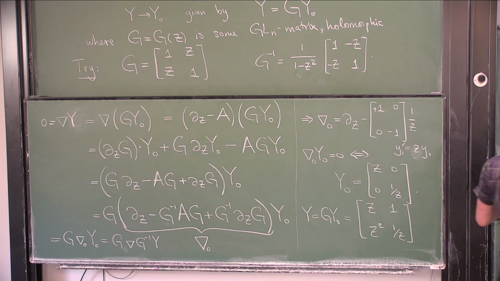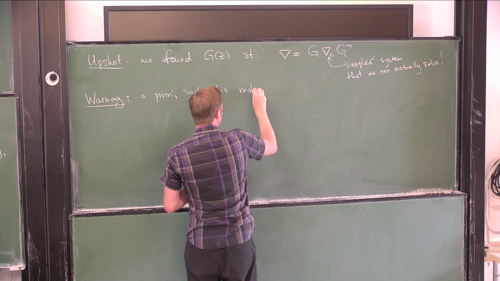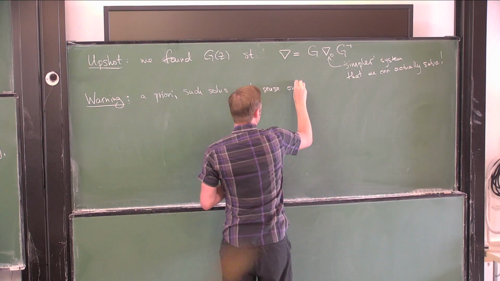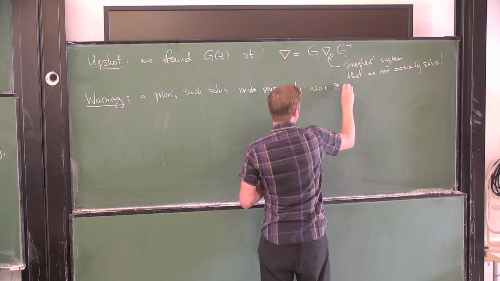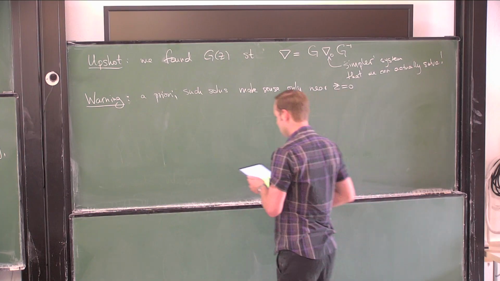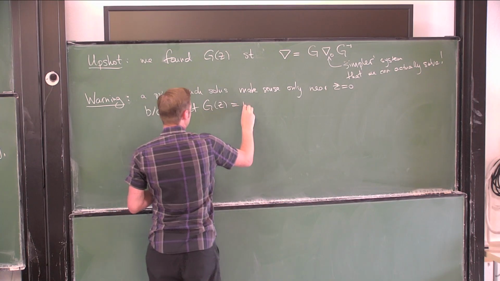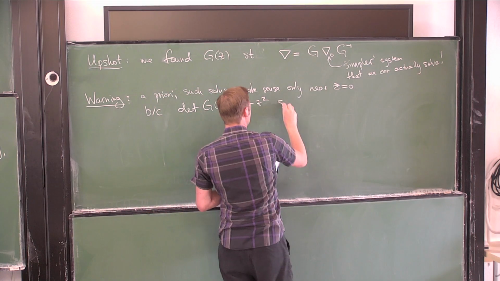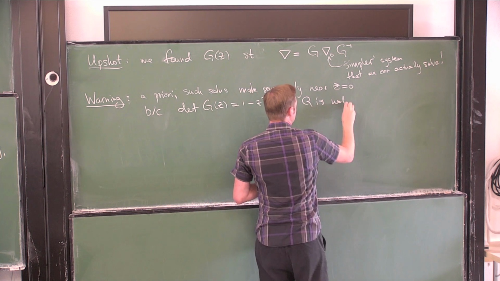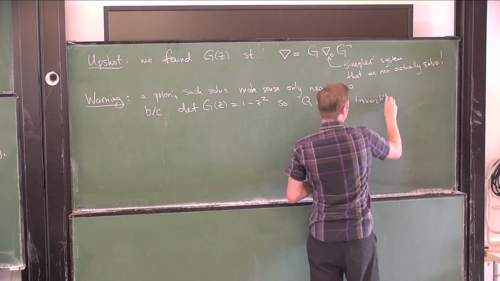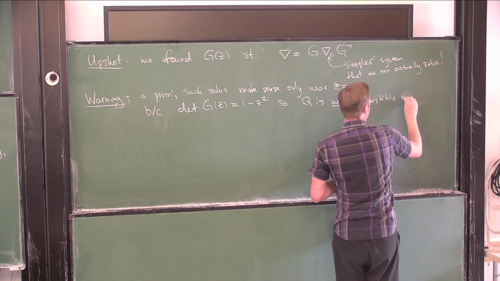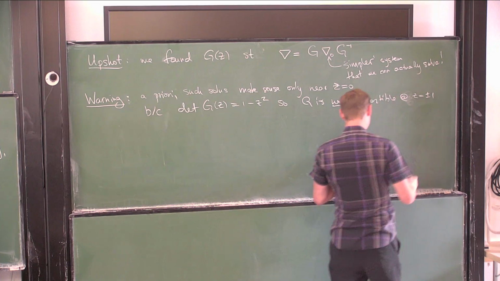So let me put this in words. A priori, such solutions make sense only near z equal to 0, near the singularity. Because the determinant of G is 1 minus z squared, so G is not invertible at z equal to plus or minus 1.